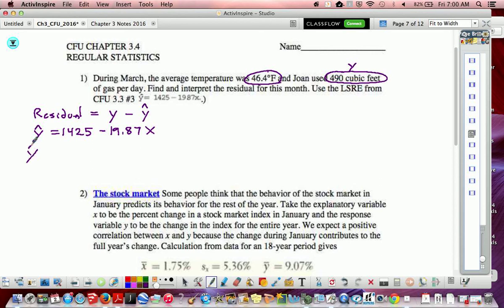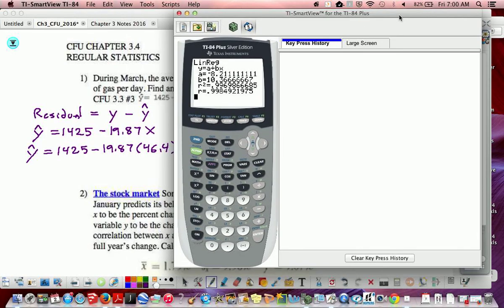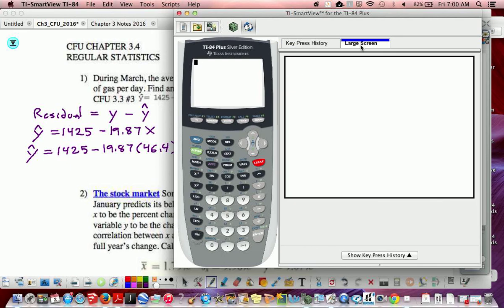So all we have to do is plug that into our equation: 1425 minus 19.87 times 46.4. On your calculator, just plug it in. 1425 minus 19.87 times 46.4.